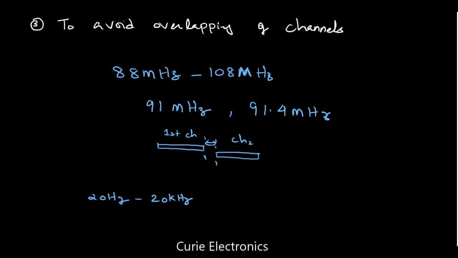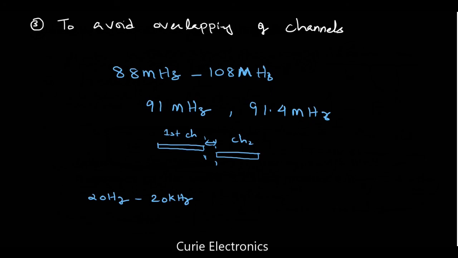But we are having many radio stations in a similar frequency range with a little variation. Means 91.1 FM is there, and it can have a 91.3 FM also. So this is the third thing: to avoid overlapping or interference of channels.